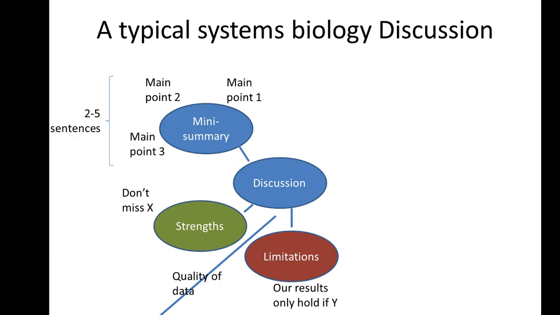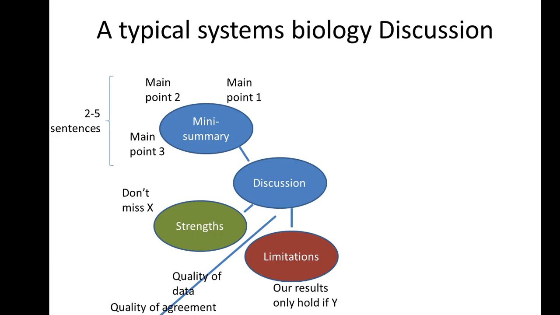So then it would be a strength. Or it might be a weakness. You might want to say that we used primary human cells, and for that reason we cannot do all the cool perturbations that you can do in cell lines. So that one might appear both in the strength paragraph and in the limitation paragraph.